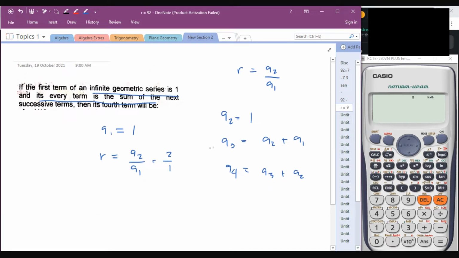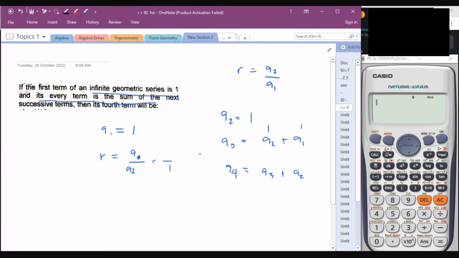So, A2 is 1. A3 is 2. So, R mo dyan, the common ratio, is A2 over A1, which is 1. Pwede rin natin gawin to: A3 divided by A2. A1 is 1.